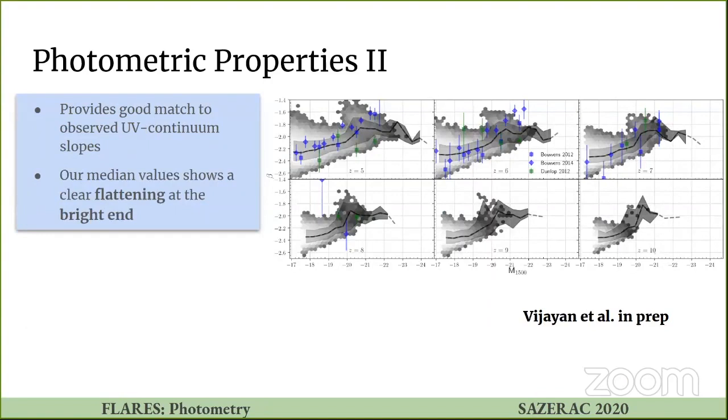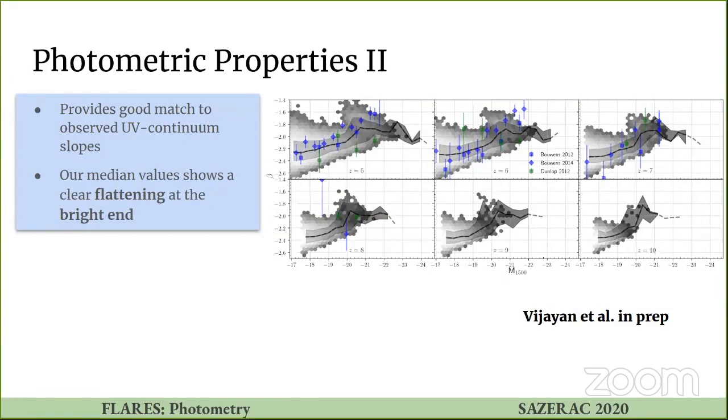Now we look at the UV continuum slopes of the galaxies that are in FLARES. We can see that it provides quite a good match to the observed values, but the observations are, you could say, kind of all over the place. So it's hard to constrain if these are actually providing the right values or not, but we do provide a good fit to these observations.